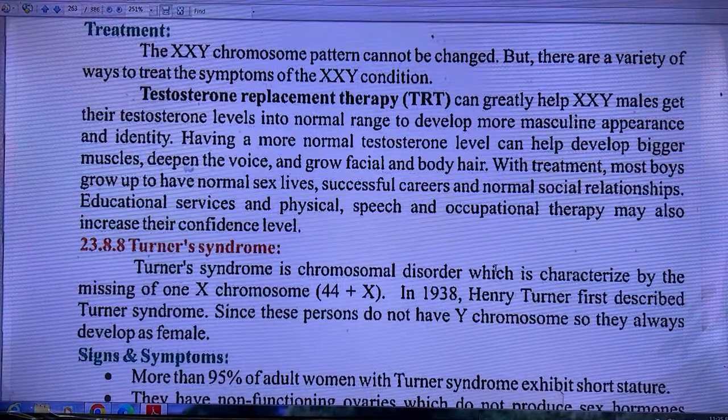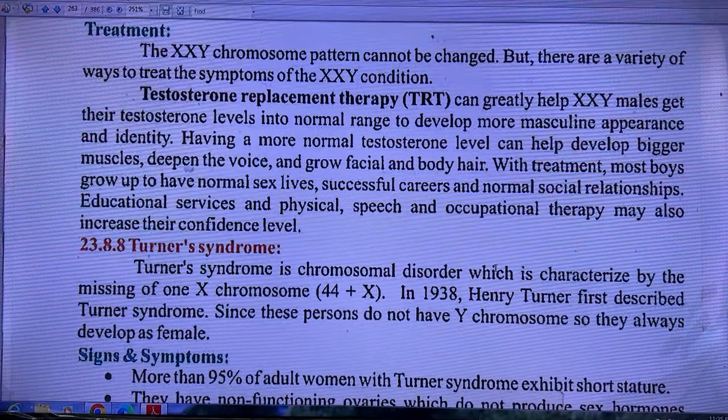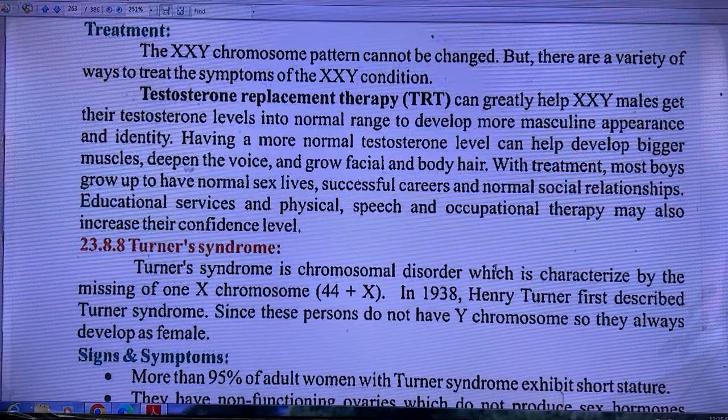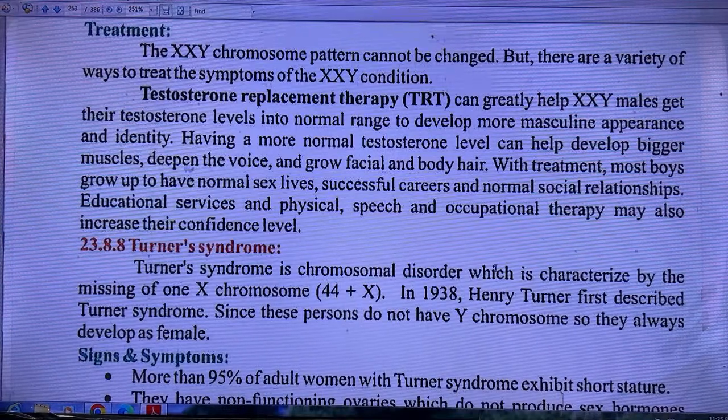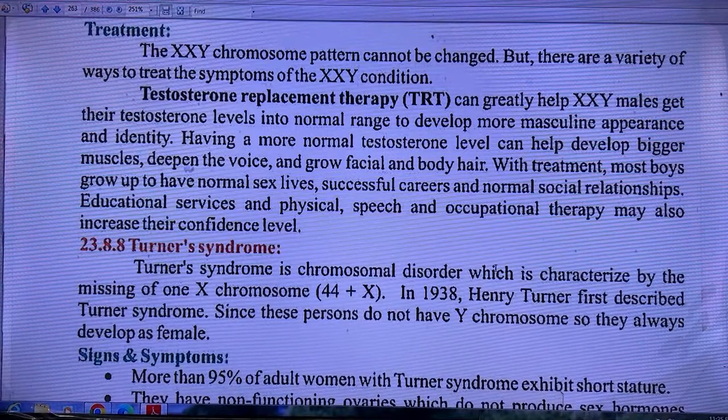Having a more normal testosterone level can help develop bigger muscles, deepen the voice, and grow facial and body hair. With treatment, most boys grow up to have normal sex lives, successful careers, and normal social relationships. Educational services and physical, speech, and occupational therapy may also increase their confidence level.